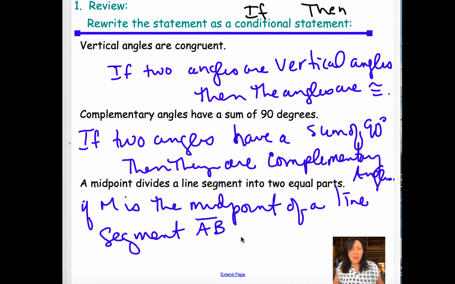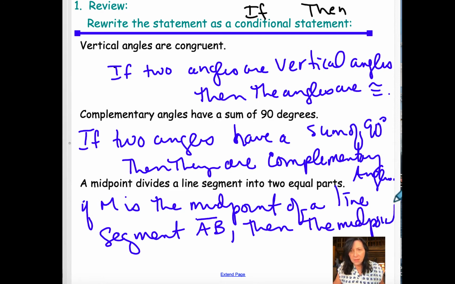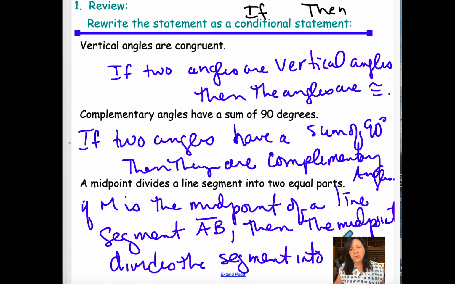And then if M is the midpoint of a line segment AB, then the midpoint divides the segment into two equal parts.